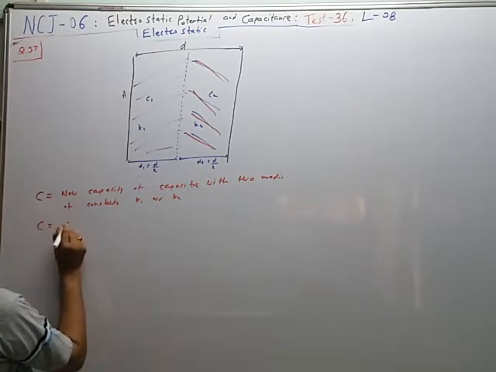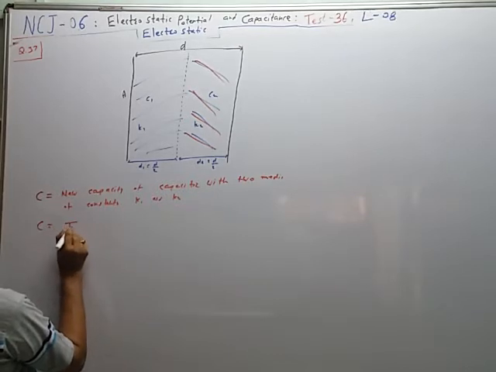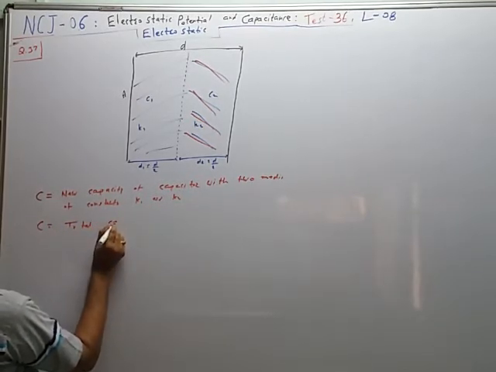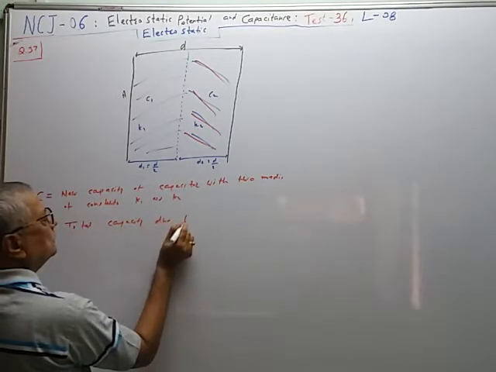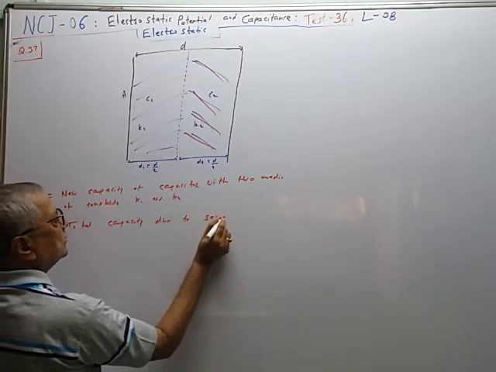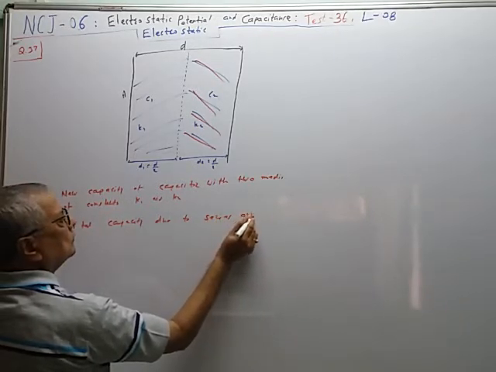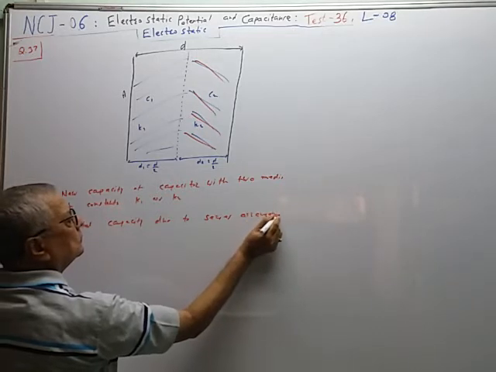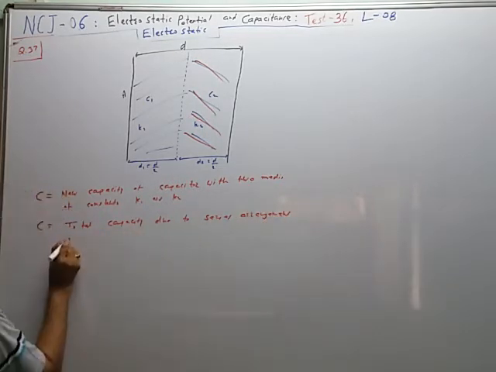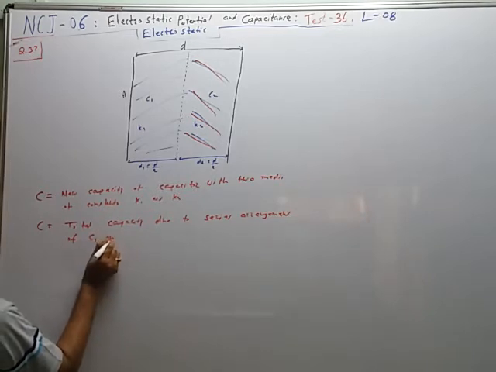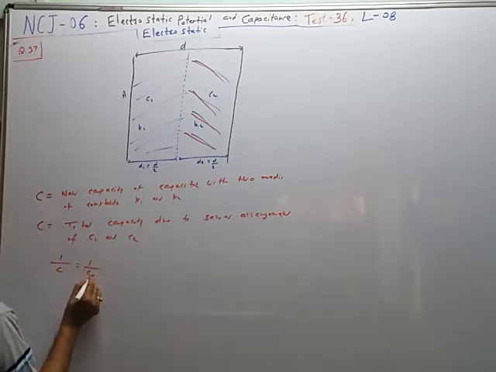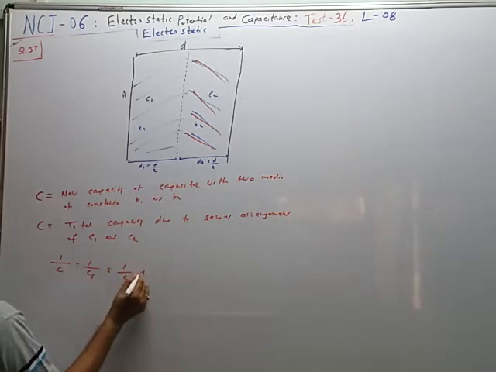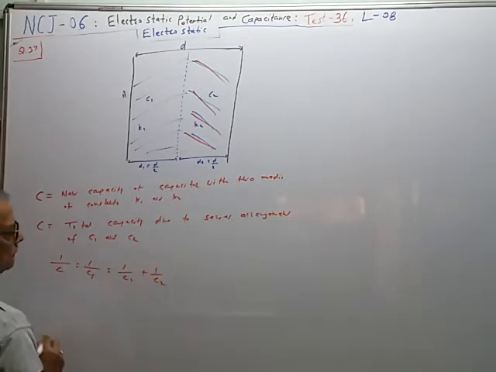Therefore, C is equal to the total capacity due to series arrangement of C1 and C2. Therefore, 1 upon C is equal to 1 upon Cs is equal to 1 upon C1 plus 1 upon C2.